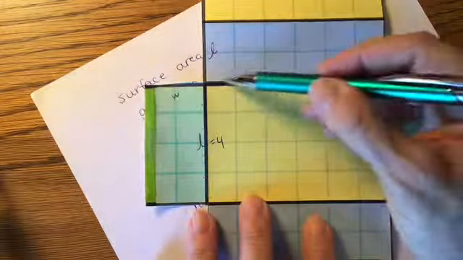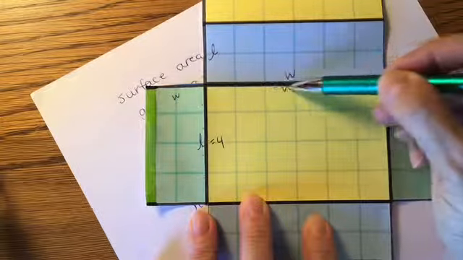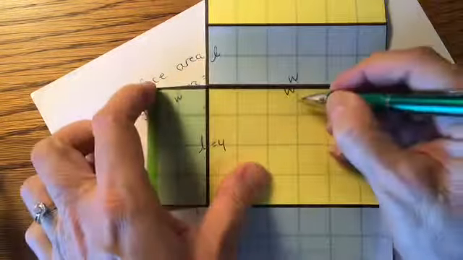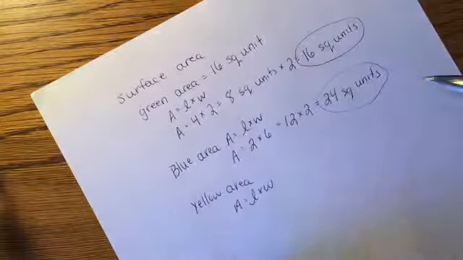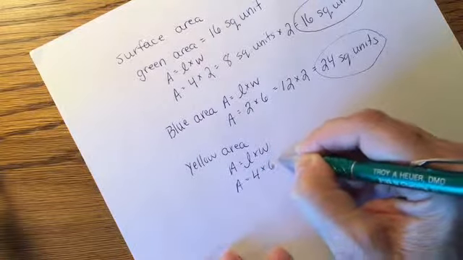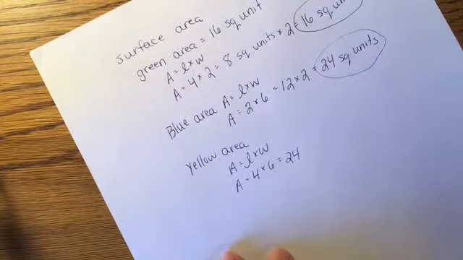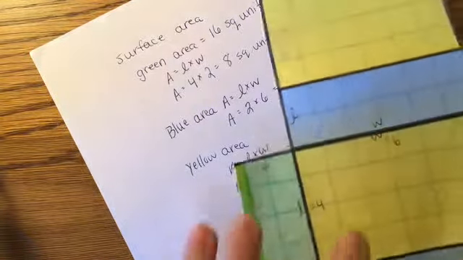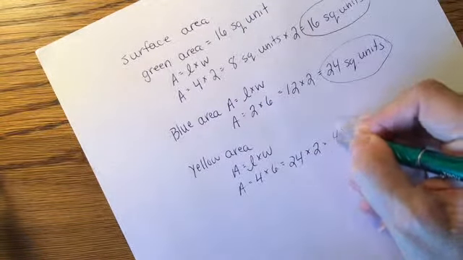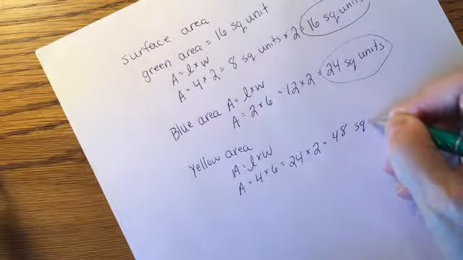Here's my width, 1, 2, 3, 4, 5, 6. 4 by 6. So area equals 4 times 6, which is 24. But I had 2 yellows, 1, 2. So multiply my 24 by 2, and I get 48 square units.